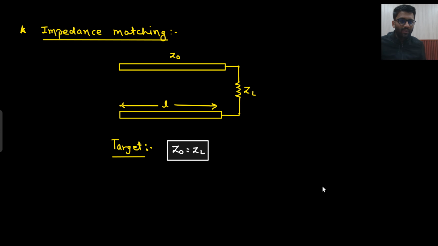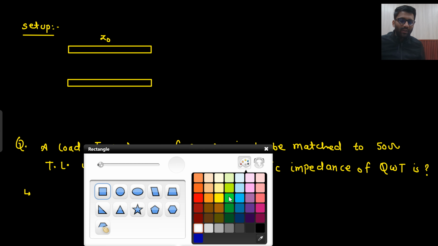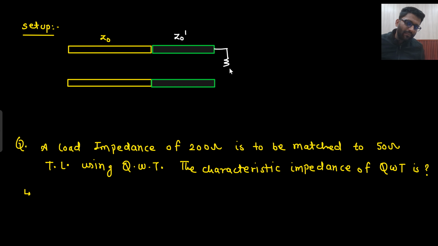For that, I will take this transmission line of characteristic impedance Z naught. I have the ZL as well. But in between, I will insert another transmission line that has a characteristic impedance of Z naught dash, and then I will connect the same ZL here.